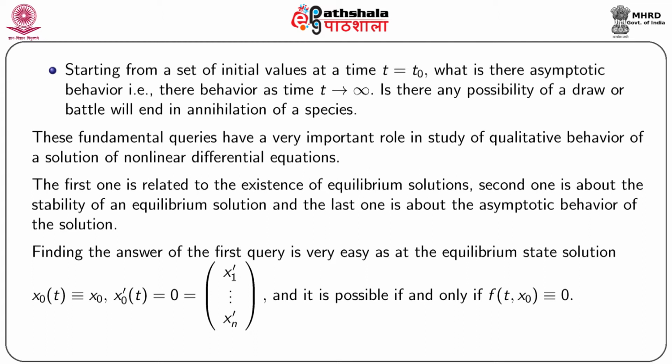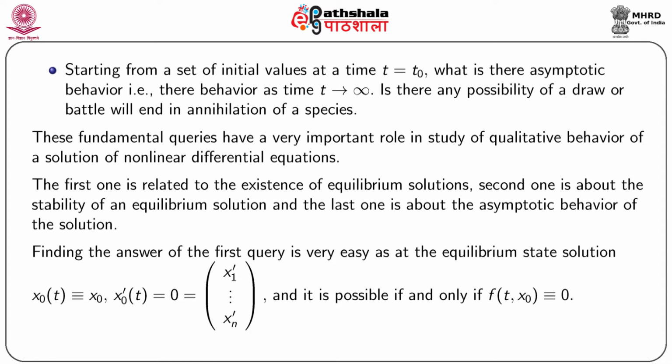These fundamental queries have a very important role in the study of qualitative behavior of a solution of nonlinear differential equations. The first one is related to the existence of equilibrium solutions, the second one is about the stability of an equilibrium solution, and the last one is about the asymptotic behavior of the solutions.